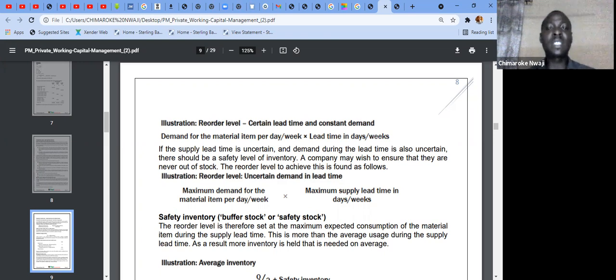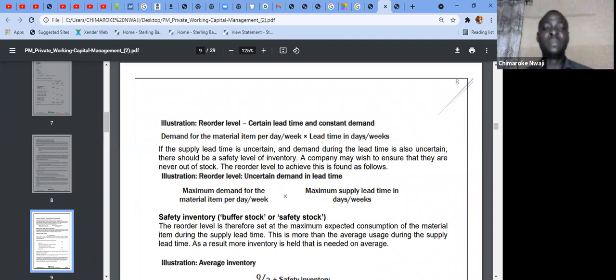So that means if they are uncertain, use your maximum demand for the material per day or per week multiplied by the maximum supply lead time.